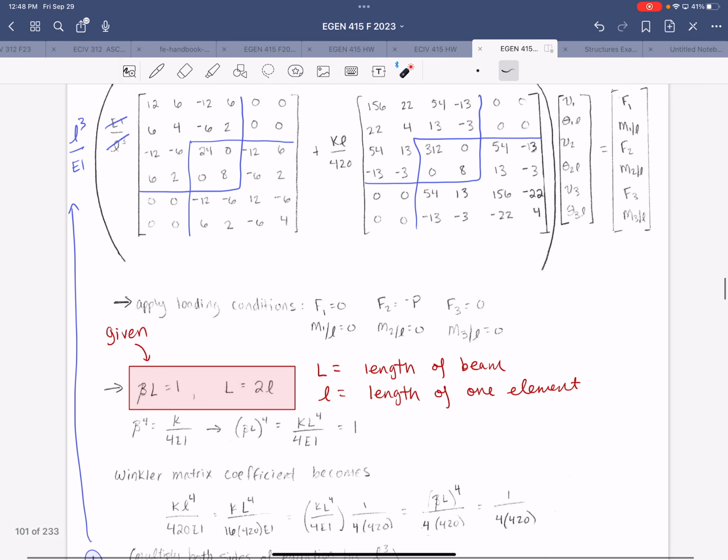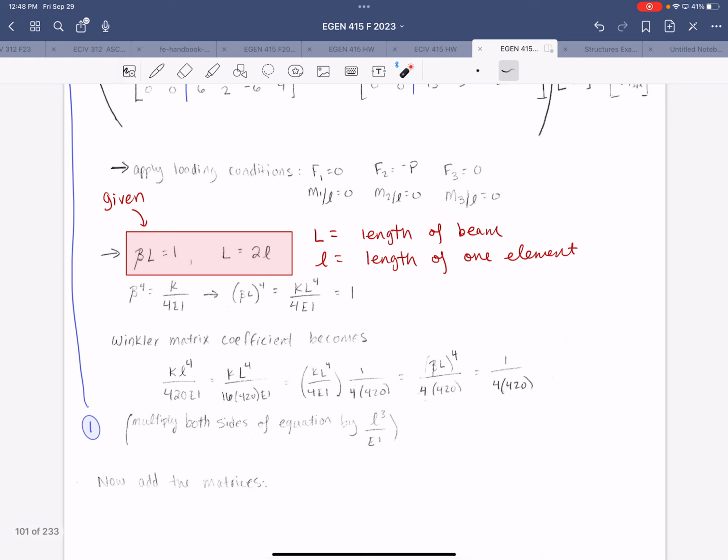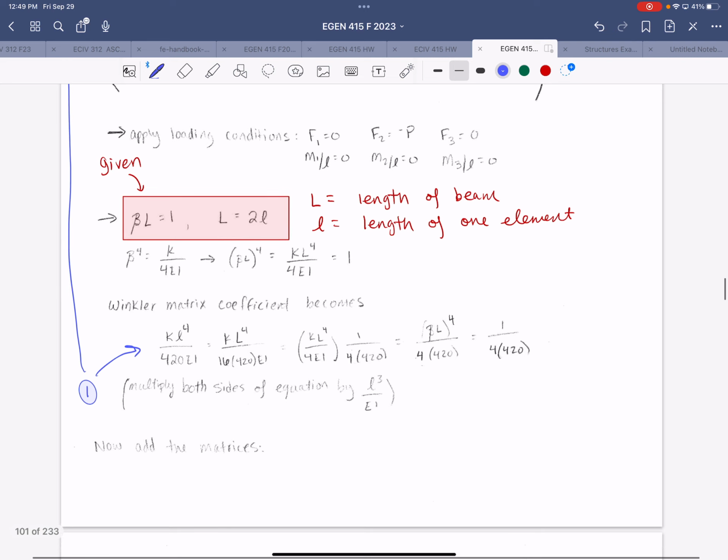So then, going back to this step up here where we pre-multiply this whole left side by L cubed over EI, that is going to factor into this right here.